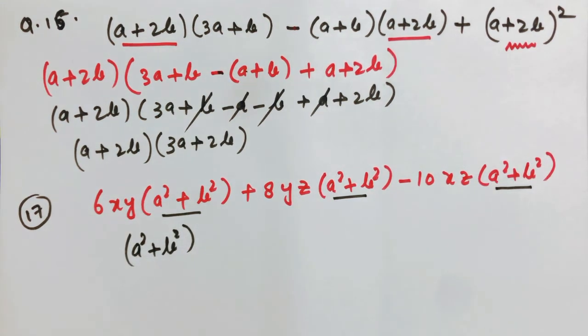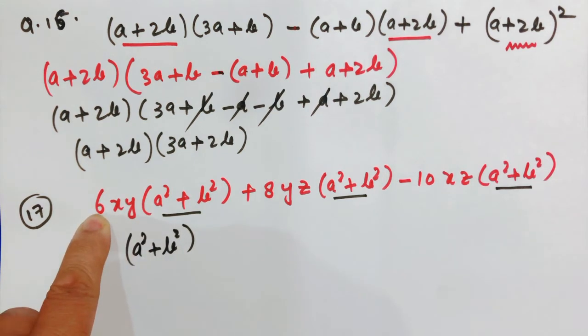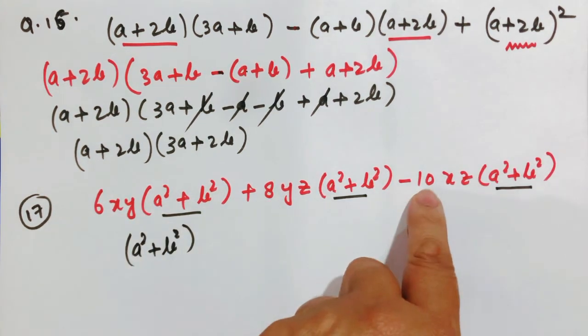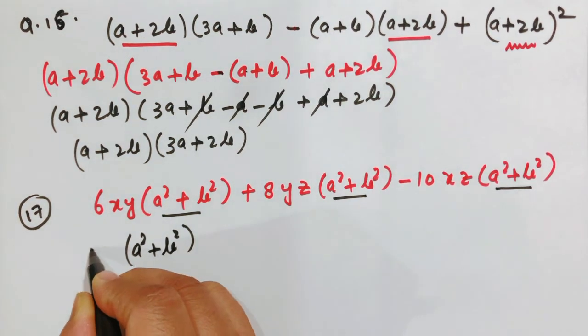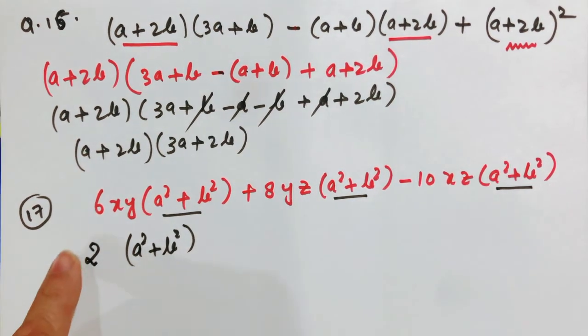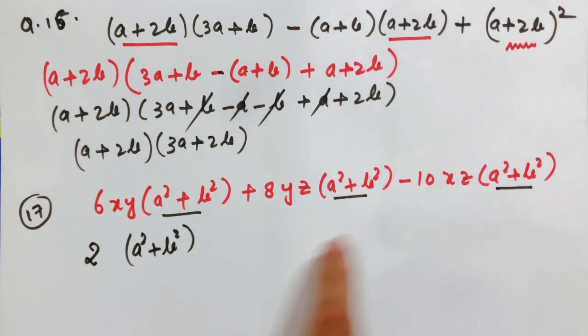After that I'll see whether from these numbers 6, 8 and 10 something is common. Yes, 2 is common over here, so I will extract 2 also. So I have taken the HCF of 6, 8 and 10 as 2.